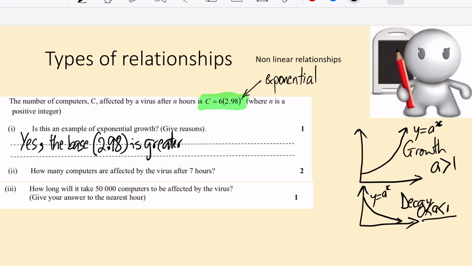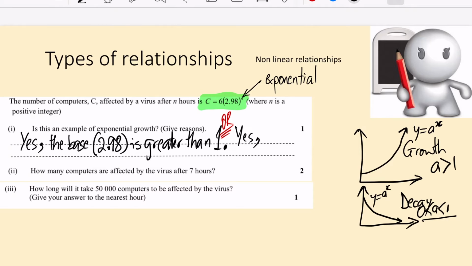It's not the only answer. What are some other answers that you might consider? Well, you can make mention that yes, it is exponential. Now, why? This is another answer.